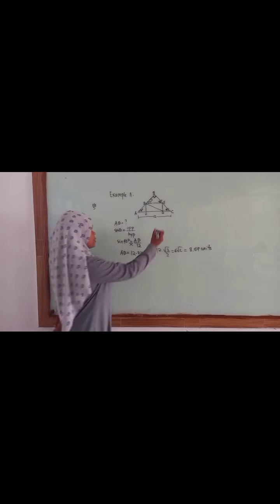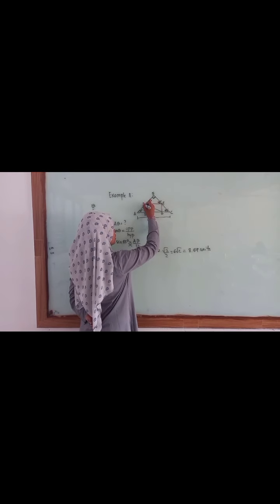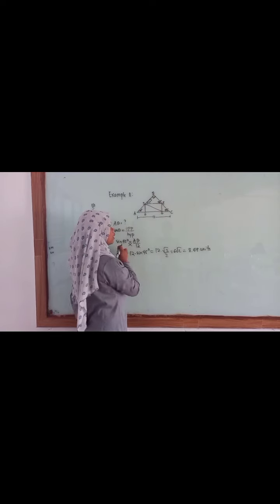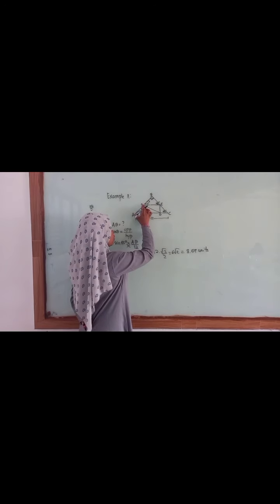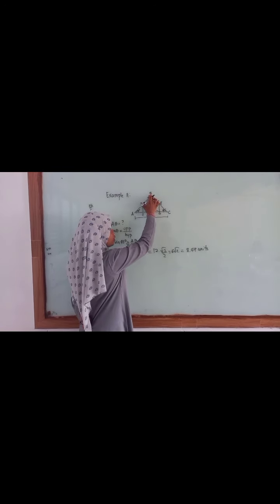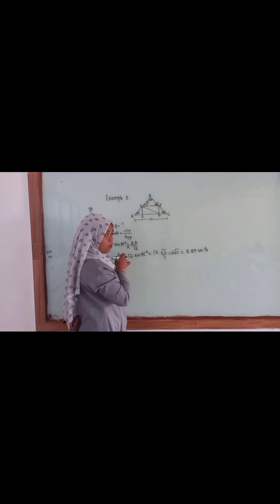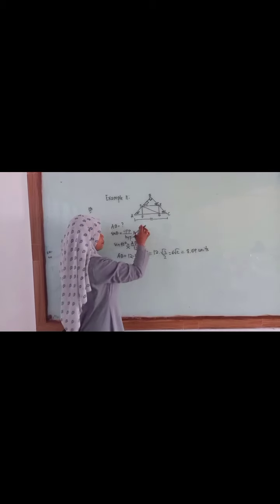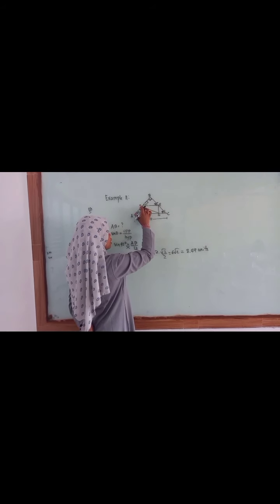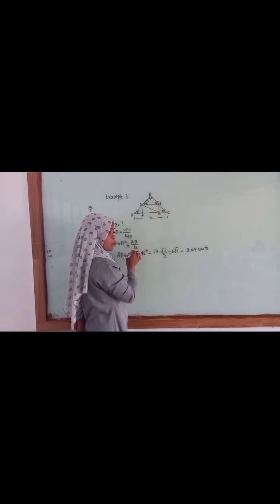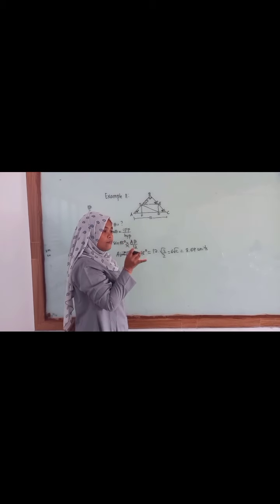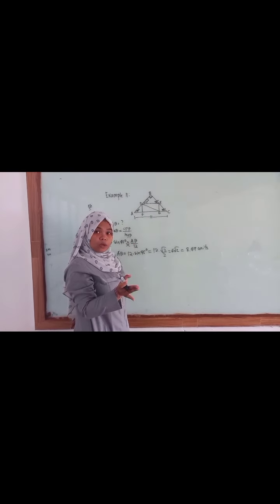Next, since sabi niya yung A at saka D, midpoint daw dito, we can conclude that itong AD at saka BD is equal. At the same time, itong BE at saka EC is equal. Bakit? Kasi, bakit sila equal? Kasi yung D at saka E, midpoint. When we say midpoint, it divides the segment into two equal parts.